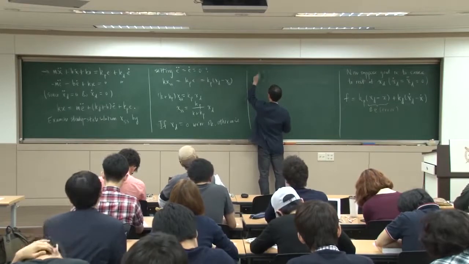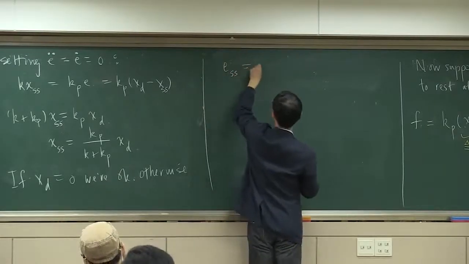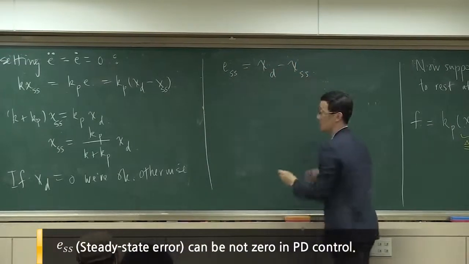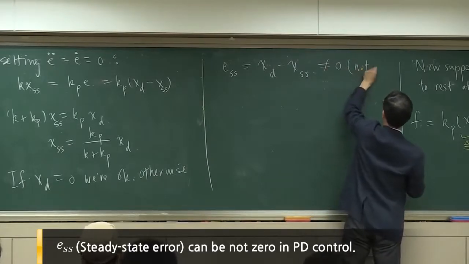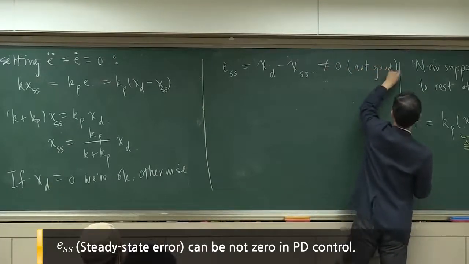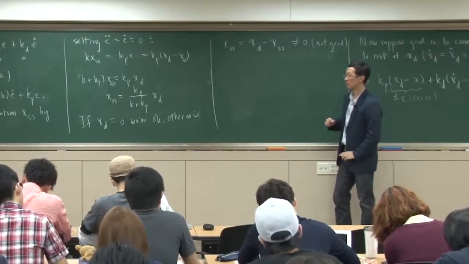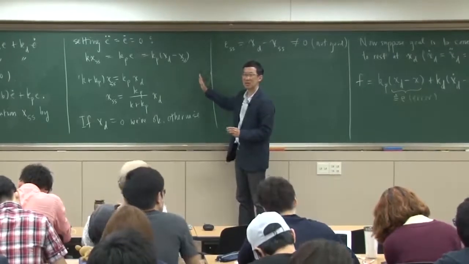E steady state, which is xd minus x steady state, is non-zero, and this is not what we want. So in steady state, this doesn't quite do the job.